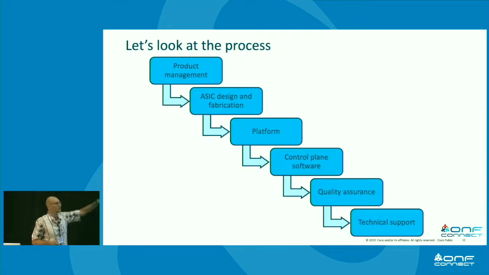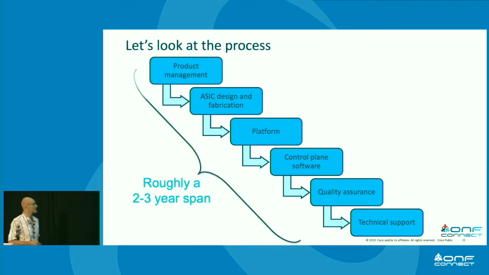So if we look at the process that a vendor uses to implement their systems and release them, it goes through several stages, and I don't think we need to go through them. I think we all know these. Just want to highlight that the design and fabrication of the ASIC, which is where having a programmable ASIC is going to have an impact, is just one of the steps.